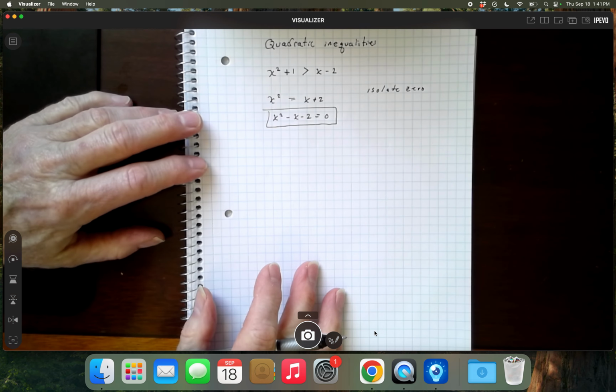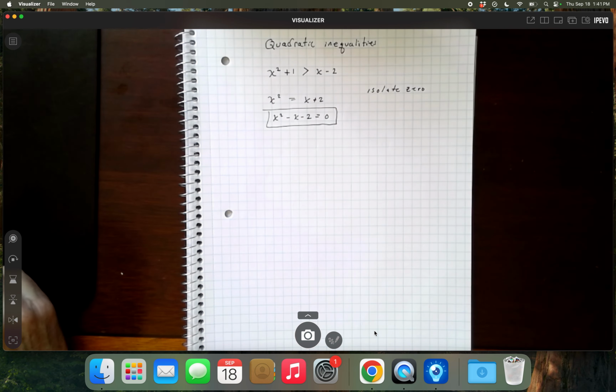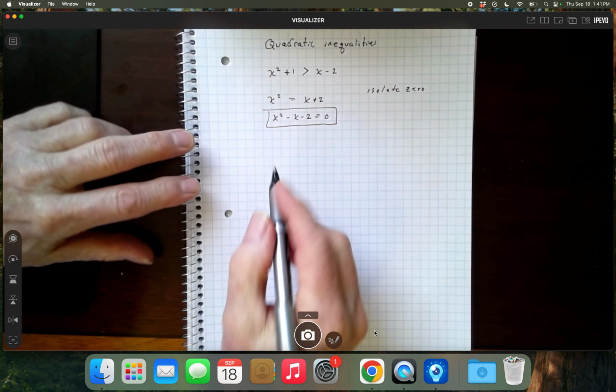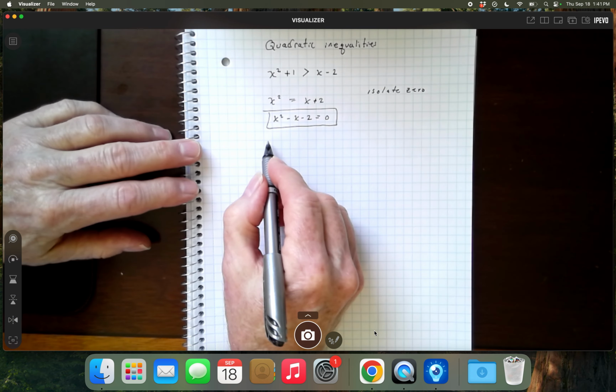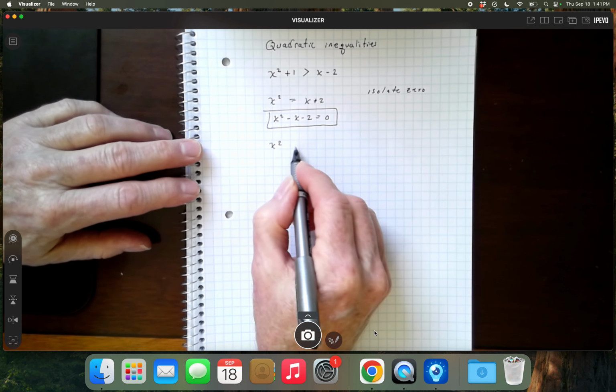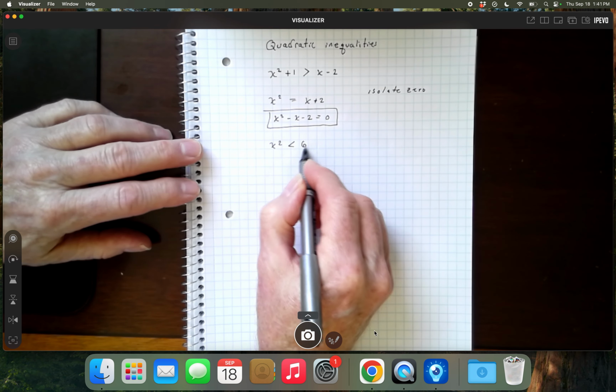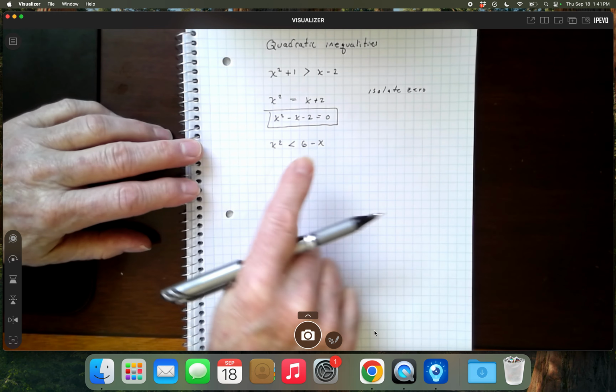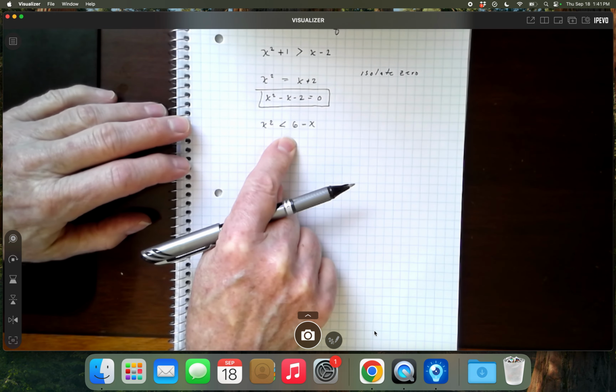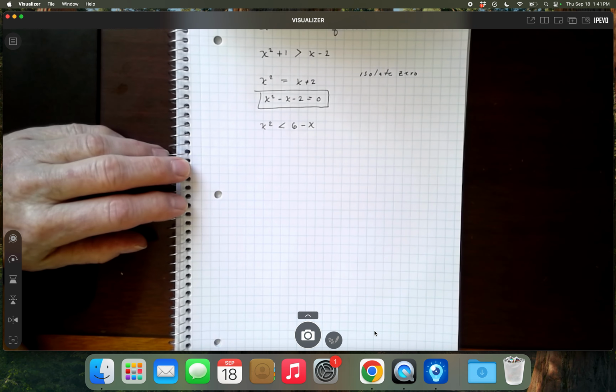Now, similarly, if you're solving a quadratic inequality, let's look at an example here. Suppose I have x squared less than 6 minus x. There we go. That's the quadratic inequality we're going to look at solving.